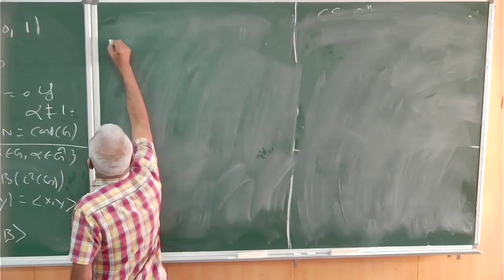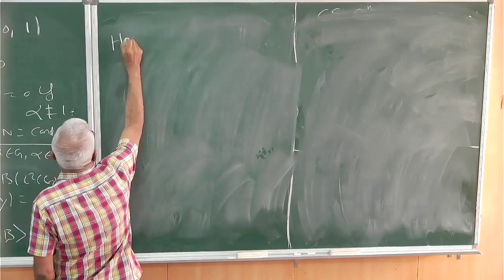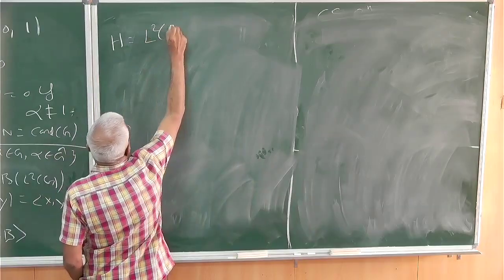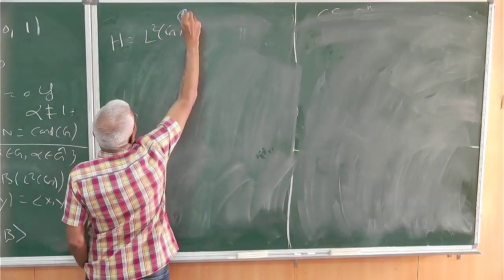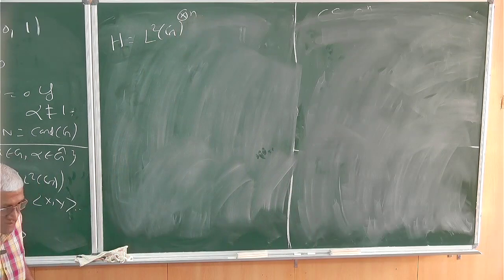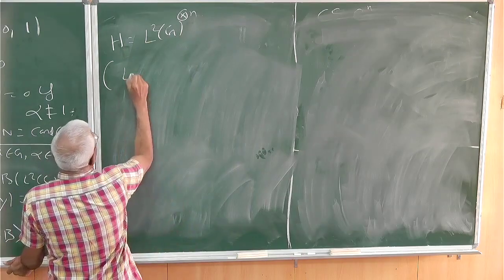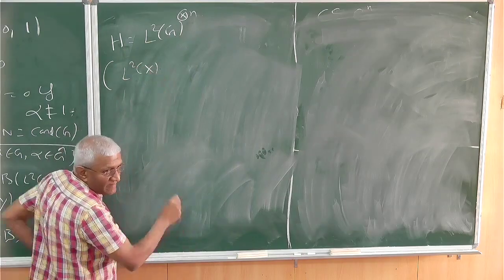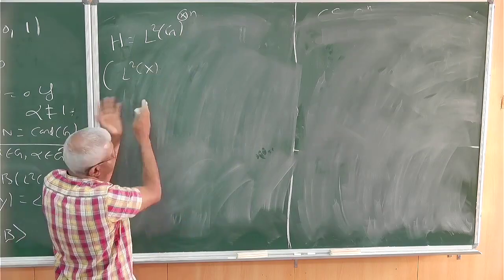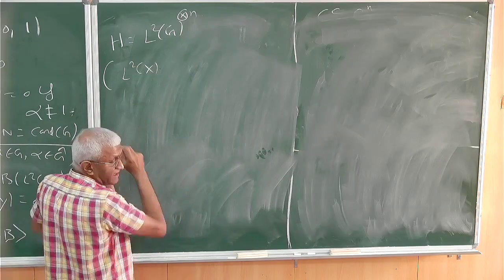Now we consider H equal to L2 of G tensor n. Notice that in general, L2 of any X, where X is a nice space, a finite space, there's no problem, can be easily identified.